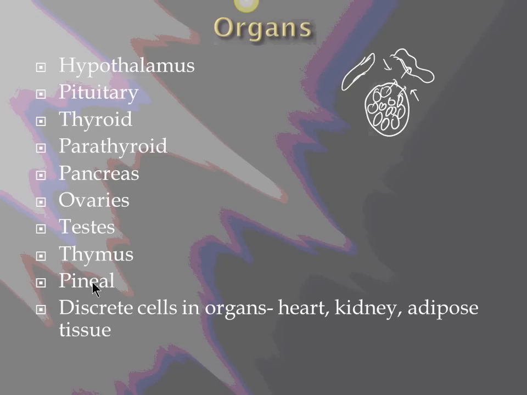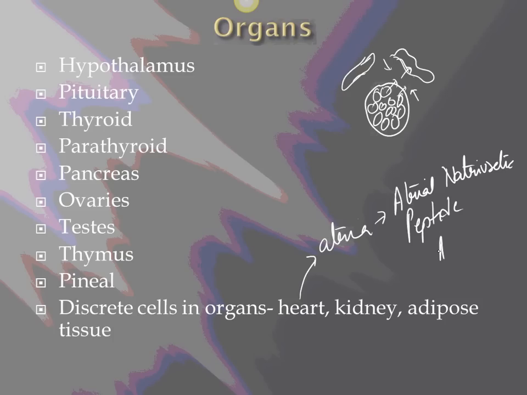And then there are discrete cells present in organs, and as we talked, in the heart. So in the walls of the atria, we have cells which produce this hormone called atrial natriuretic peptide.